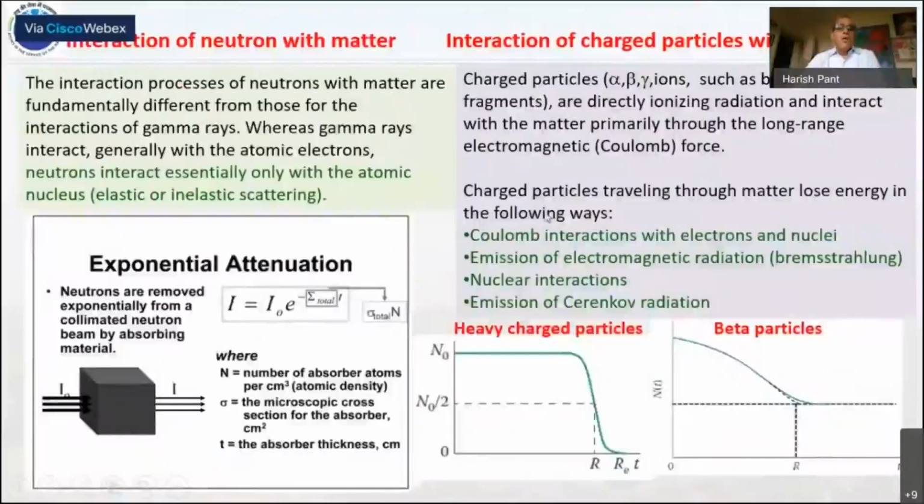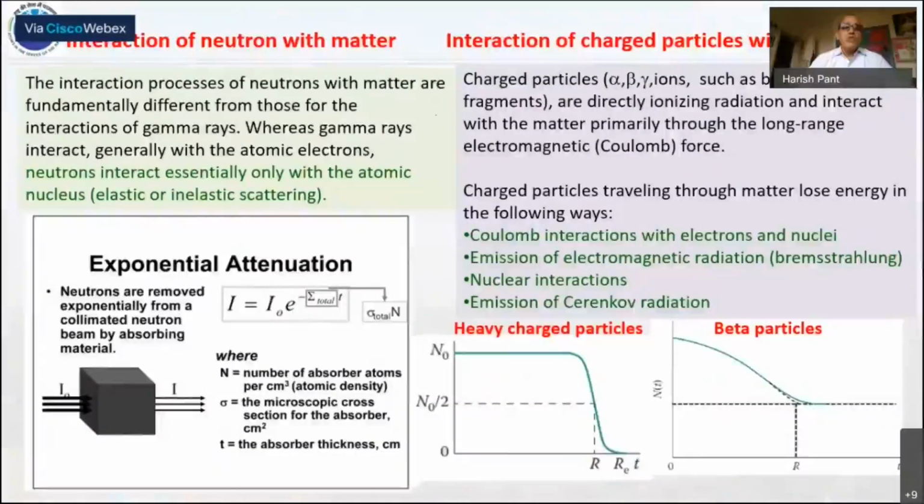Now the interaction of gamma radiation with material is different, and interaction of neutrons with the matter is different. Gamma radiation interacts with the material by three different processes: the photoelectric effect, the Compton effect, and pair production.